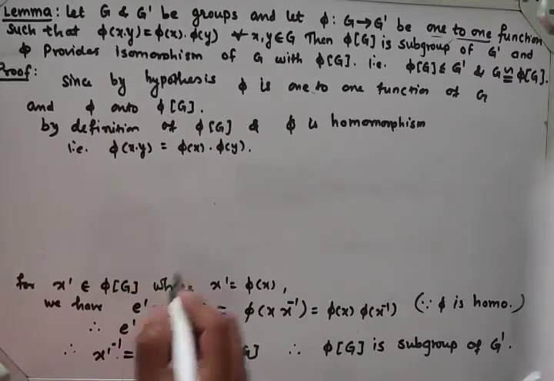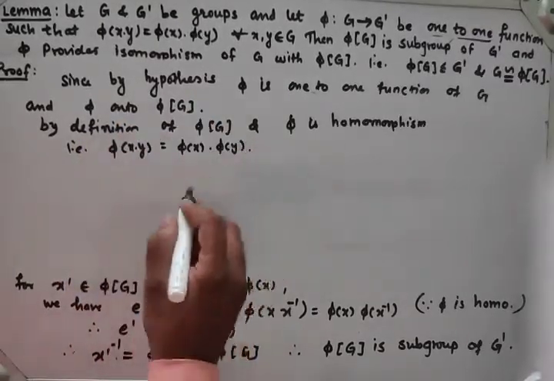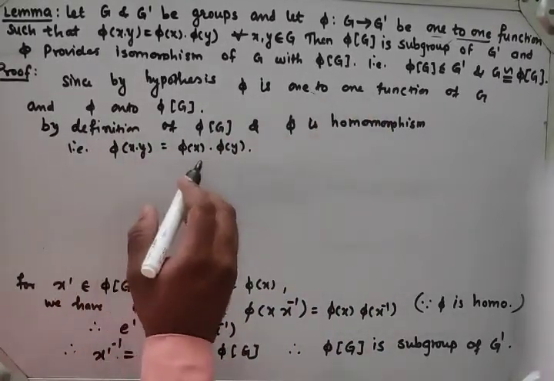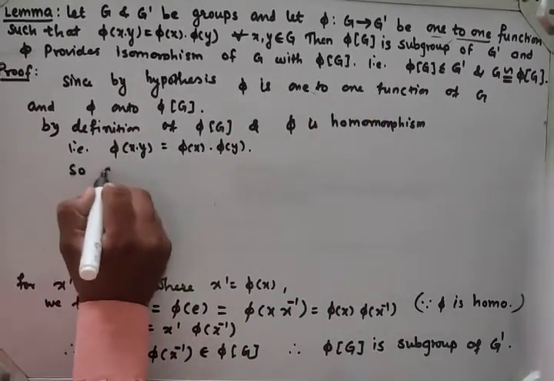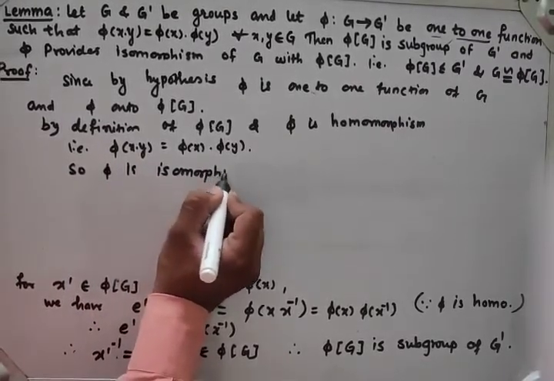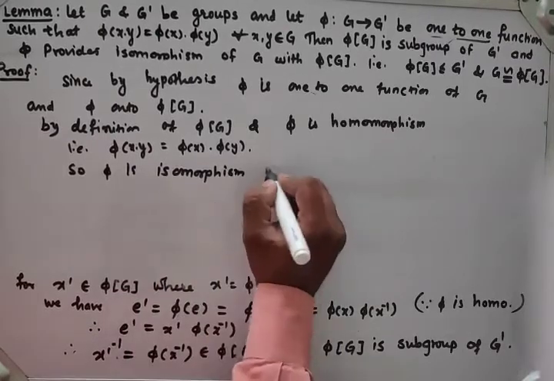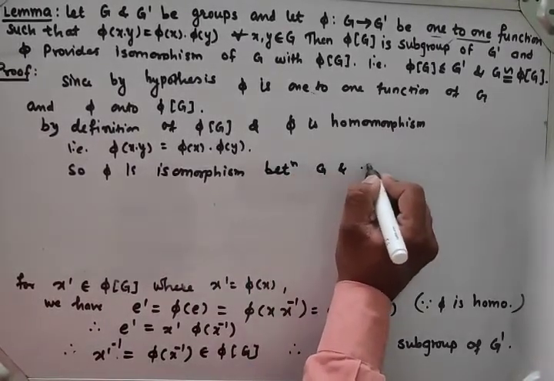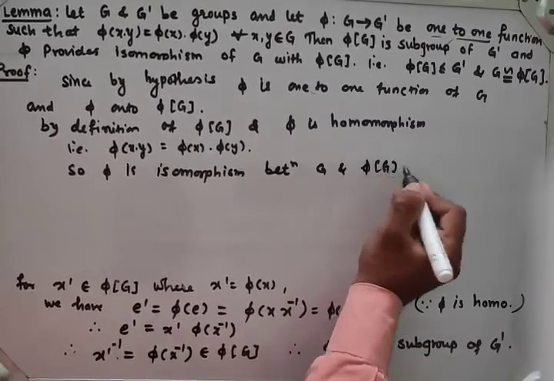So all the conditions of isomorphism are satisfied, meaning phi is a one-to-one function, phi is onto, and phi is a homomorphism. So phi is an isomorphism between G and phi of G, right?